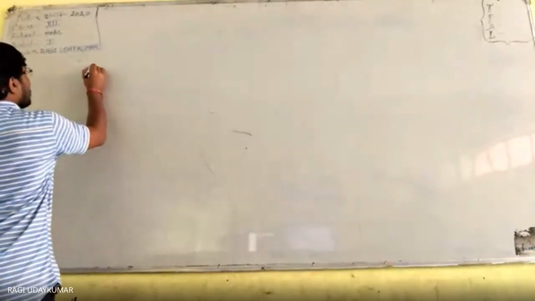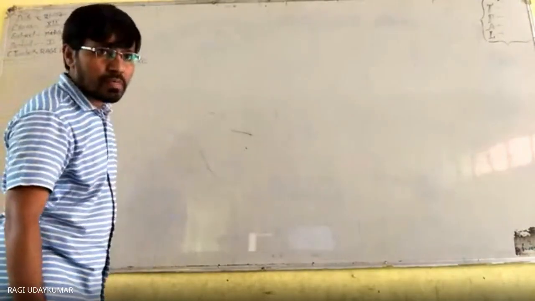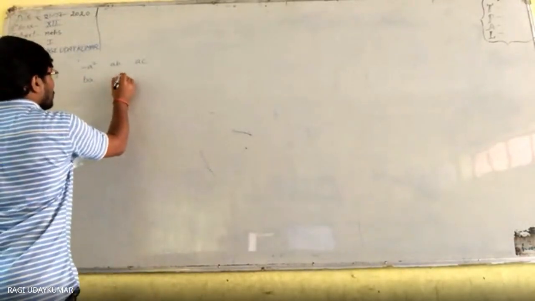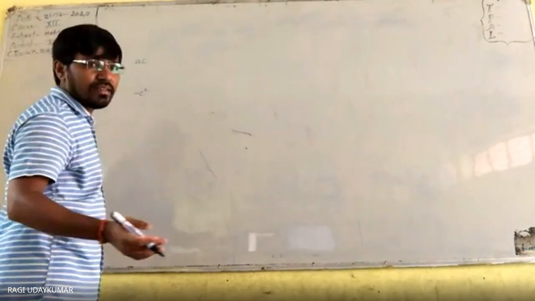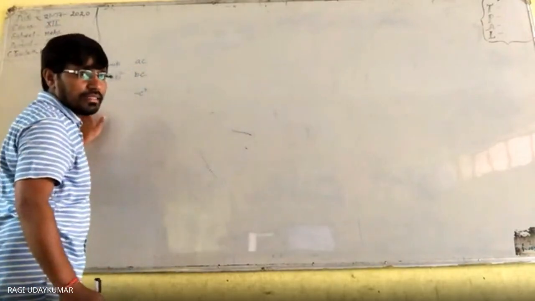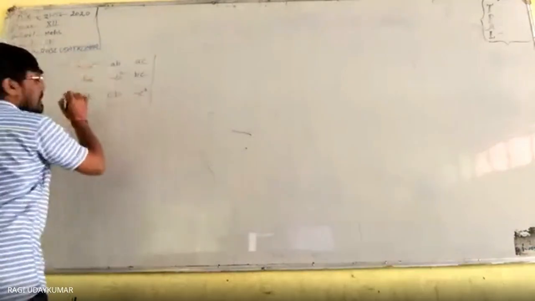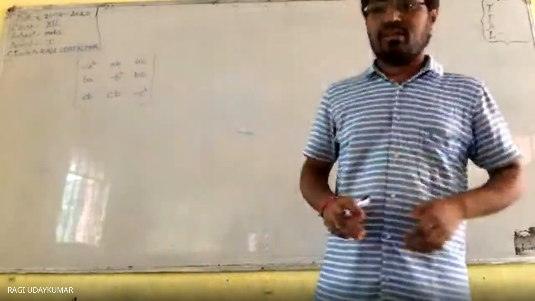Then ba, minus b square, and in that, minus c square will be there. Obviously, if you see, bc will be here, and ca and cb. This is equal to, asking you to prove, 4a square b square c square.